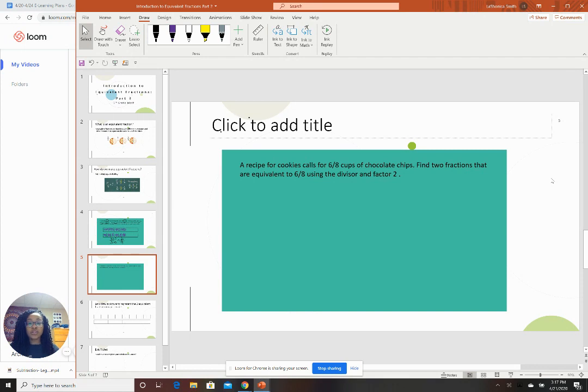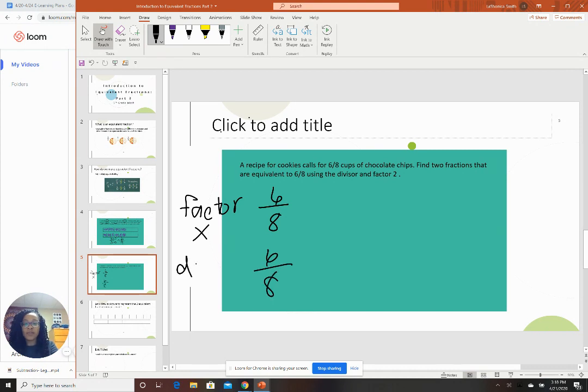All right, so we're going to first start with 6/8, and we're going to use the factor 2. When it's a factor, we know that we are multiplying. And then with the 6/8, we have to use the divisor. And when it's the divisor, we are dividing.